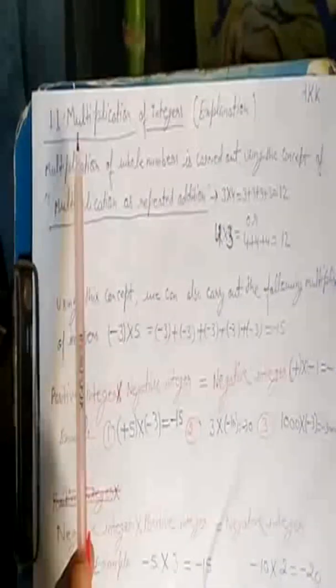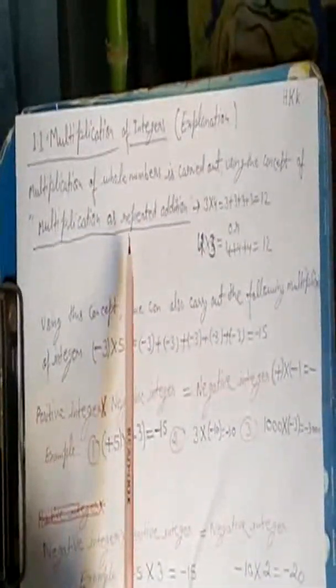Hello. In the previous video, you learned about integers. Now, in this video, we learn the multiplication of integers. Multiplication of whole numbers is carried out using the concept of multiplication as repeated addition.